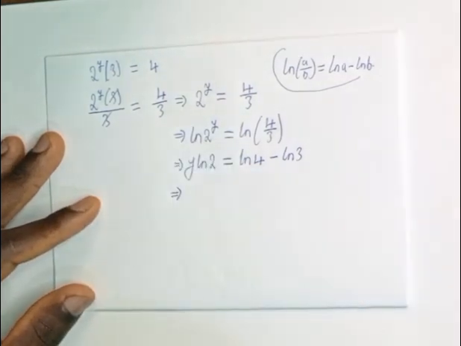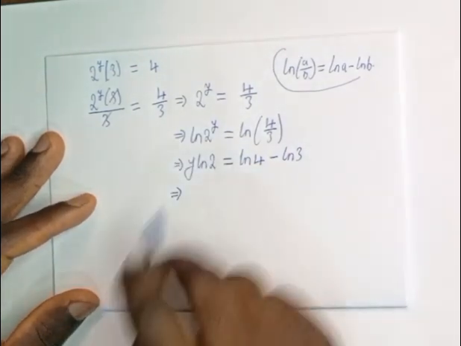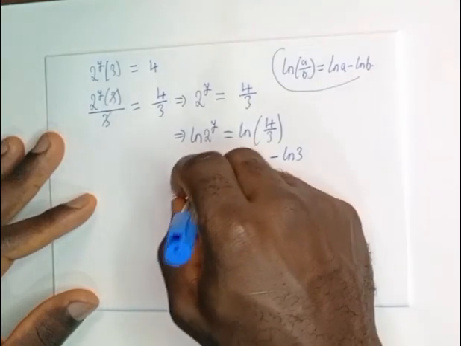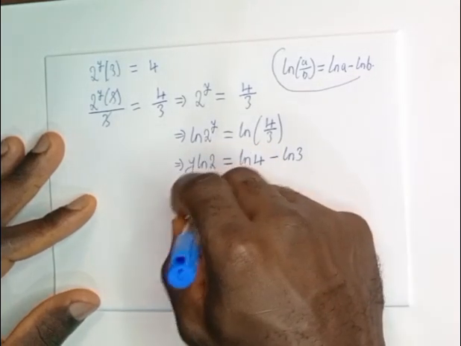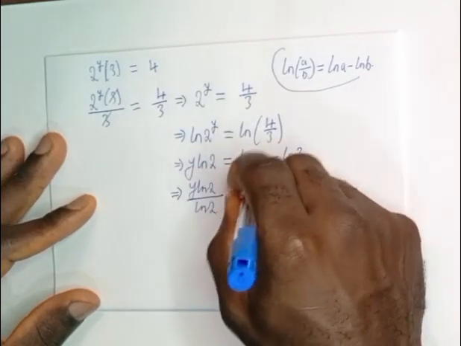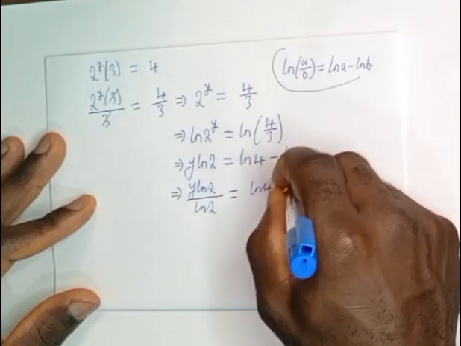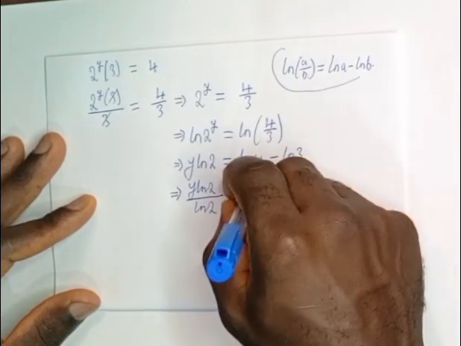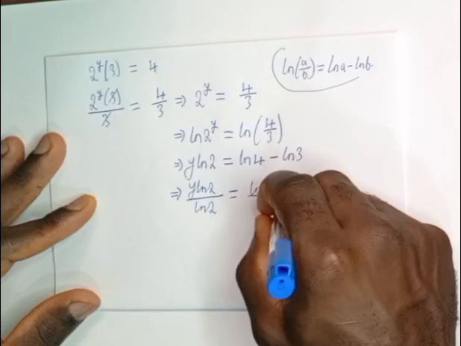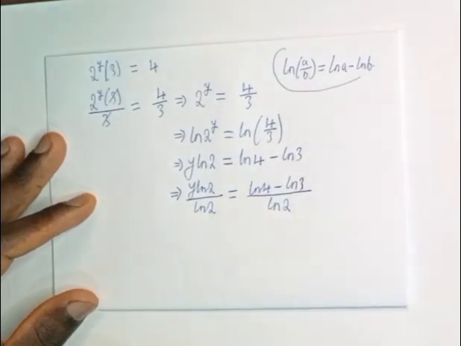Then dividing both sides by ln 2, which is a constant, this will give us y ln 2 divided by ln 2 is equal to ln 4 minus ln 3 divided by ln 2.